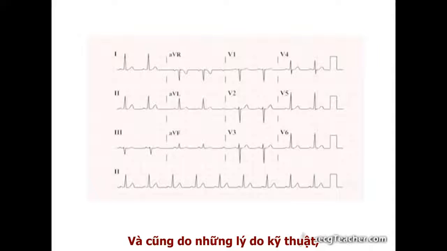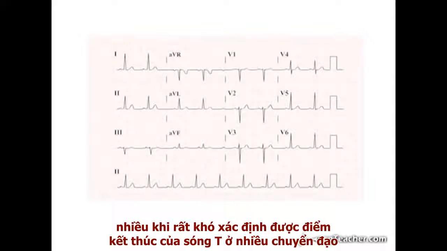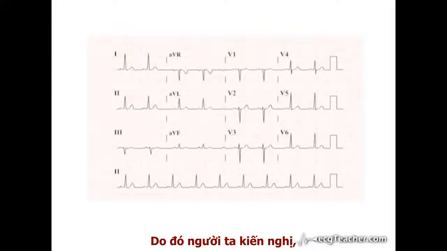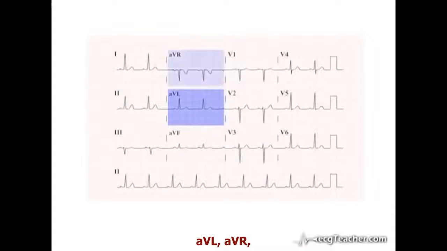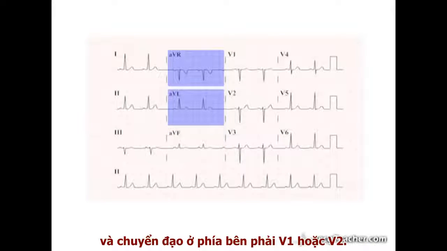Also, for technical reasons, it can be difficult to identify the end of the T wave in many leads. It is recommended, therefore, that you analyze the QT interval in one of 4 leads: AVL, AVR, or one of the right-sided chest leads, V1 or V2.